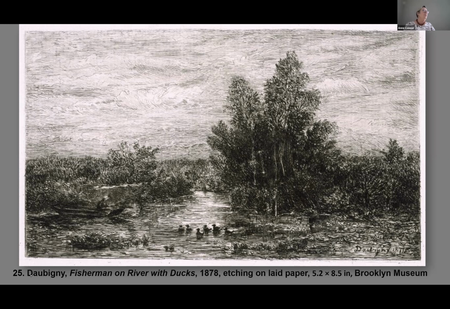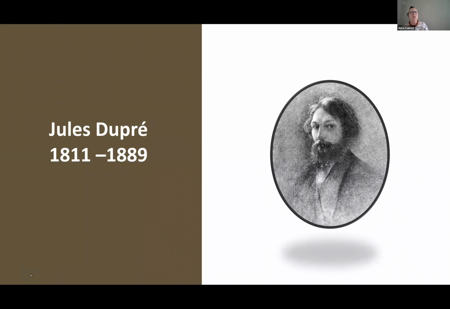I mentioned Jules Dupré. He was the very close friend of Théodore Rousseau. He's among the painters who are more the exponent of a tragic and dramatic aspect of nature. So he's going to look at broken limbs and things that come out of the ordinary.